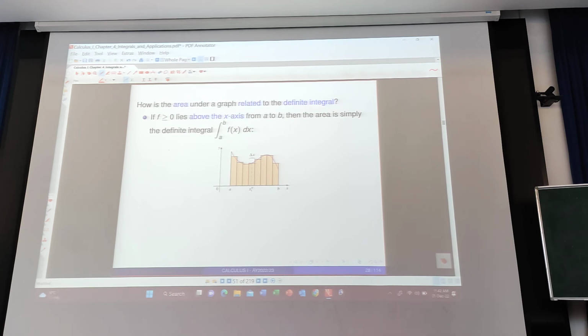Okay, so then the first conclusion is integral from a to b f(x) dx is the same as the area of the figure bounded by the curve and x-axis, two lines x equal to a, x equal to b, if f has a graph above the x-axis.